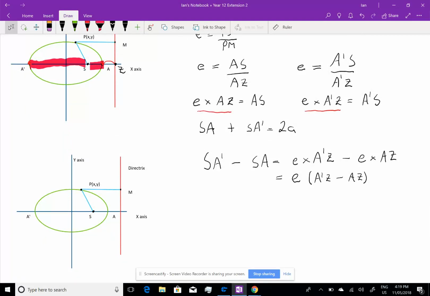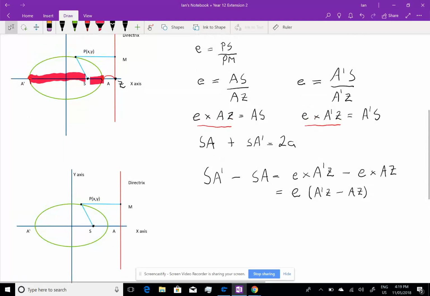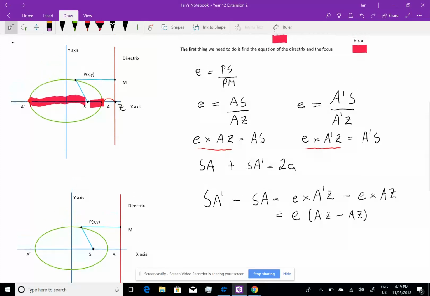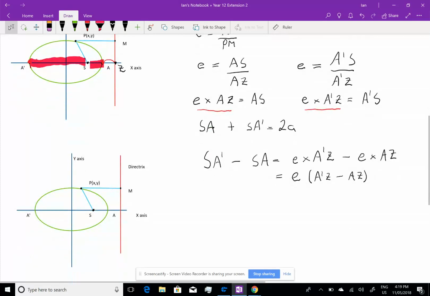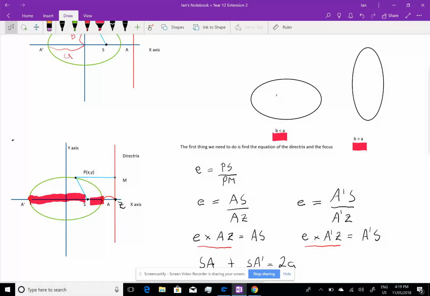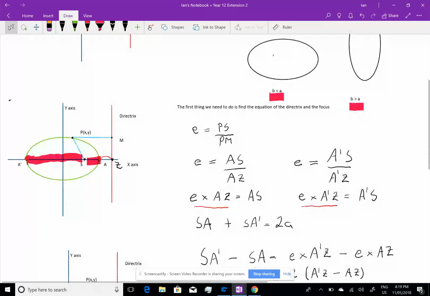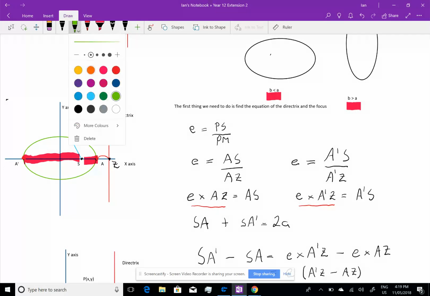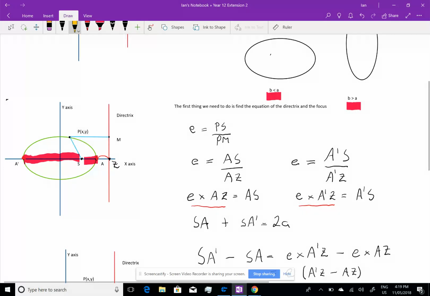Well, let's have a look at that. What is A dash Z minus AZ? So if we have a look at it here, I'll just get a different colour.